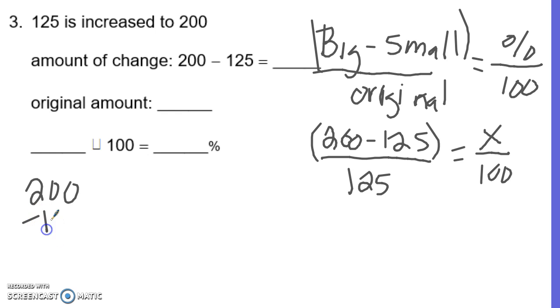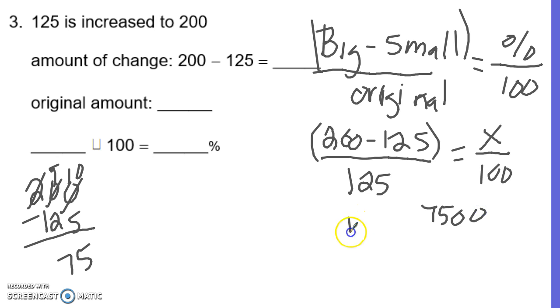All right, so 200 minus 125, I'm going to subtract. I get 5. I get 7, so 75. 75 times 100 is 75 with 2 zeros. Then I have to divide by 125.